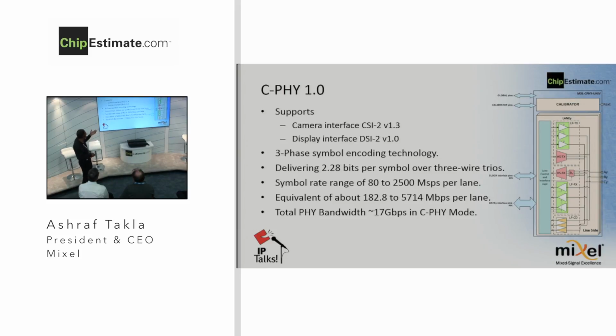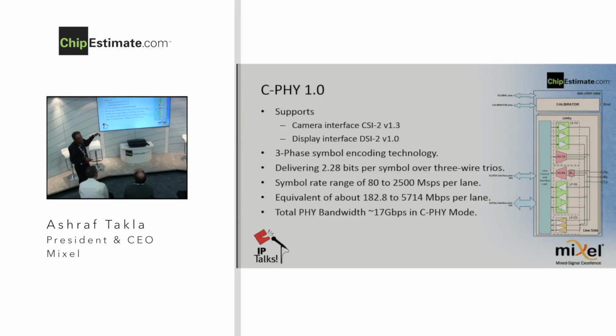So this runs at 2.5 gigasymbol per second. The encoding allows for about 2.82 bits per symbol, so you end up with almost 6 gig for one lane, which gives you for 3 lanes, because it's a trio, maybe about 17 gigabit per second.